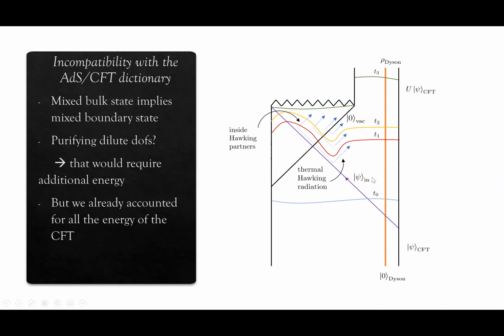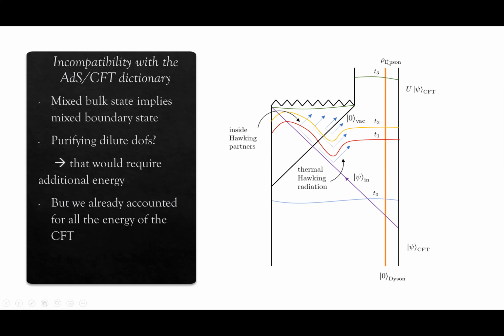Remember, the energy of the bulk and the energy of the CFT have to agree. In the beginning, we had some zero slice that just had in the energy the star and the Dyson sphere that was empty. By the end of the evaporation, it just has a Dyson sphere that collected all of the outside Hawking radiation. And so the energy has been conserved all the way.